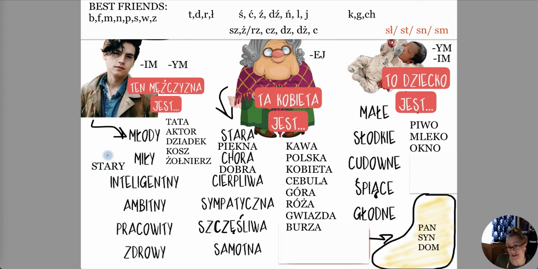So stary, dziadek is grandpa or grandfather. So we would say myślę o starym. We don't need another y, it's just the ending -m, but as we already have y here, we just need to add m in fact, and that's it.